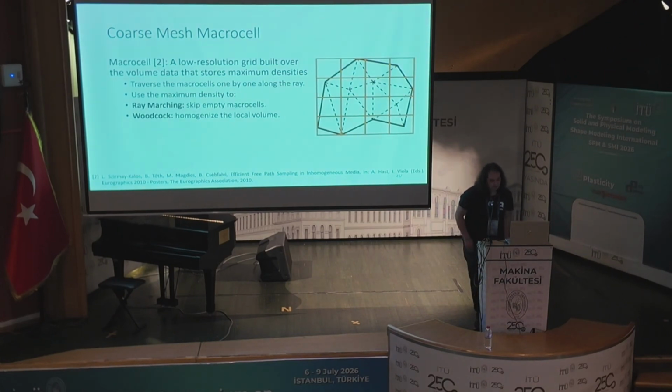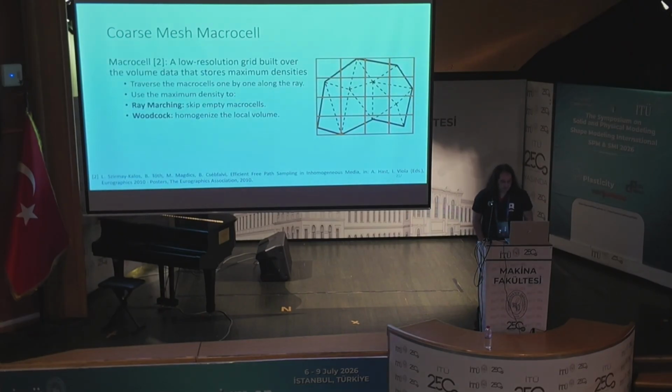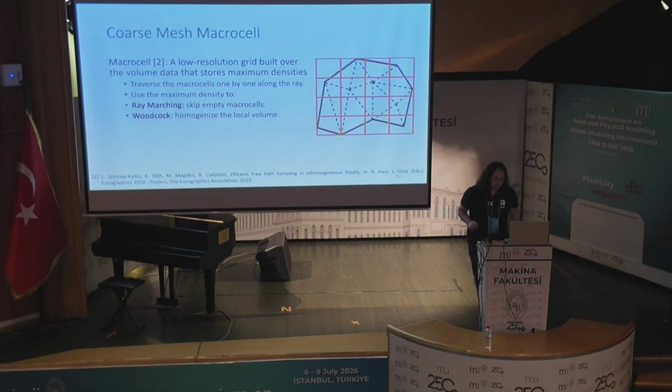One performance improvement we tried for our rendering method is macro cells, coarse mesh macro cells. A macro cell is usually used in rendering to speed up the rendering. It is a low resolution volume that's built over the volume data, and it stores the maximum densities inside each part of the volume.